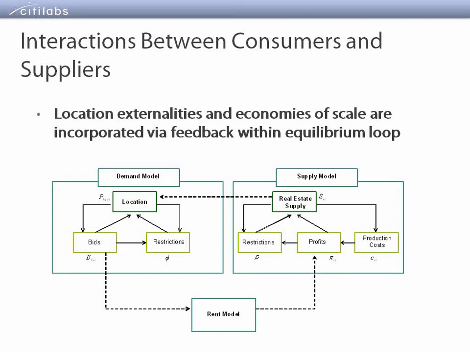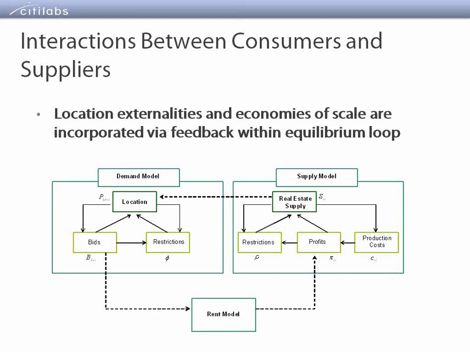And the supply model tries to model the choices made by developers and in general providers of real estate as far as which kinds of real estate they're going to provide, which kinds of housing units and which kinds of non-residential units or commercial floor space, etc., to produce and how much of each kind.